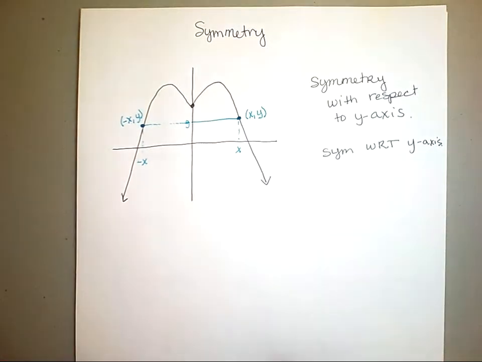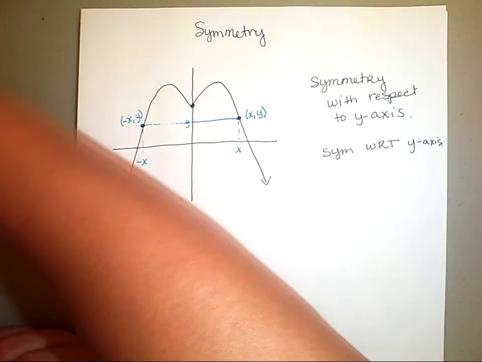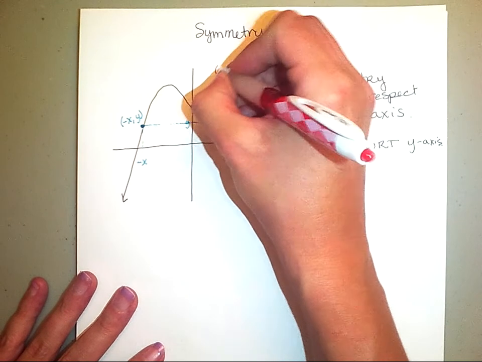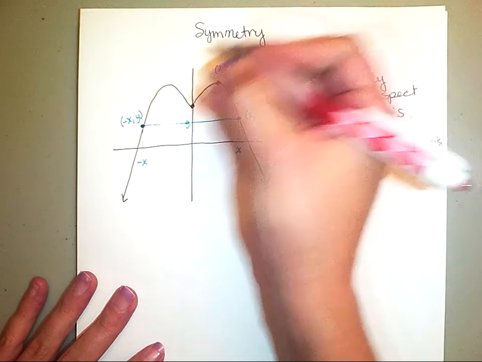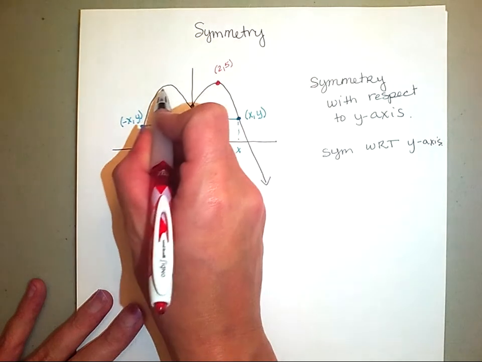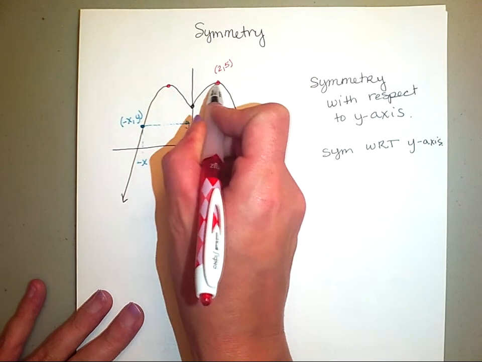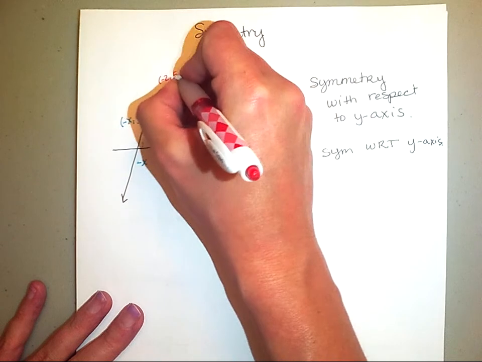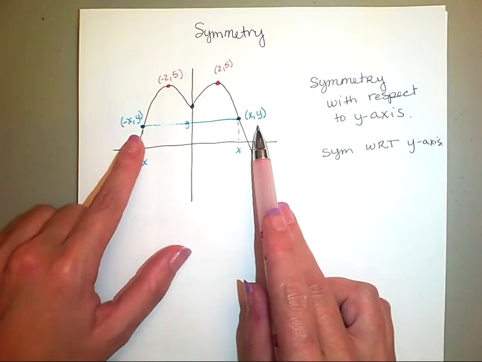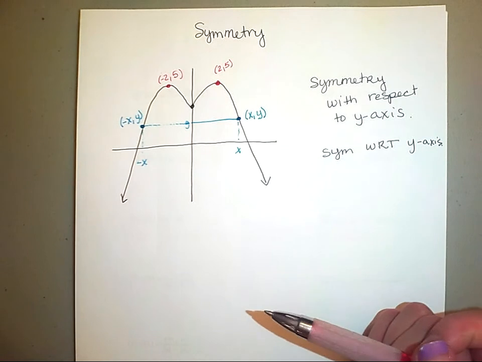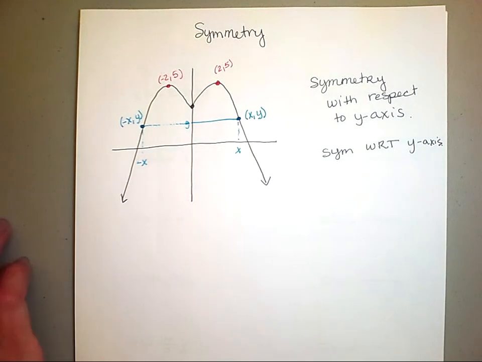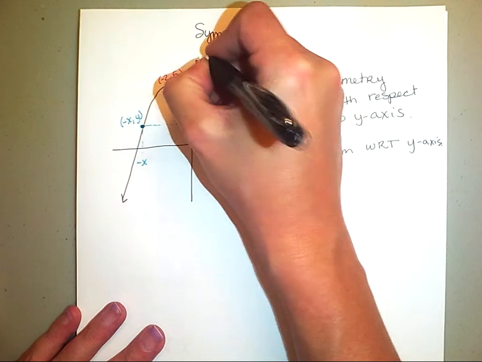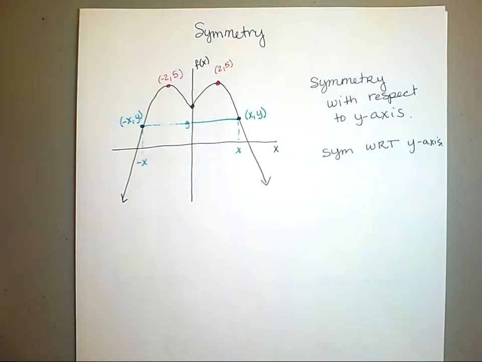Okay, so what does this mean though? So for example, let's put on some points here. Let's say this is the point, I don't know, 2, 5. Then if this graph is symmetric with respect to the y-axis, it has to come the same distance across, which is -2, and then stay at the same height. So this is an example of what I'm talking about. Now remember, these are the x values, and our y-axis is actually the function values evaluated.